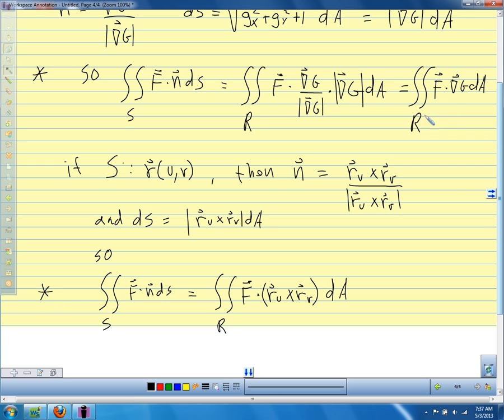So this is how we evaluate our flux integral if we have z equals f of x, y, and this is how we evaluate it if we have a parametric surface. So questions on what a flux integral is? Okay, let's evaluate a couple of these.